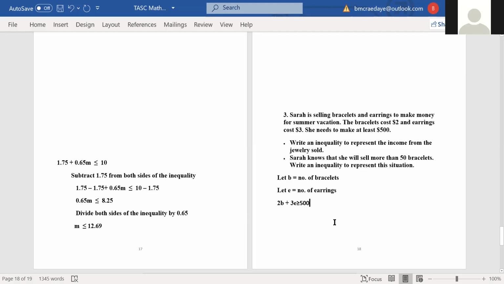Well, you've got this inequality: $2 times the number of bracelets plus $3 times the number of earrings must be greater than or equal to 500. Now, if she knows she would sell more than 50 bracelets, what would that inequality look like?